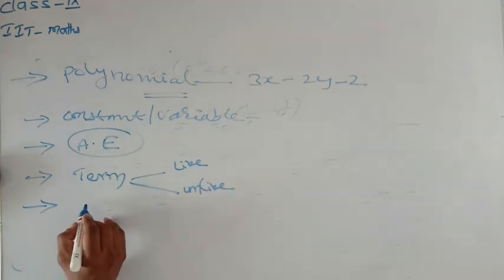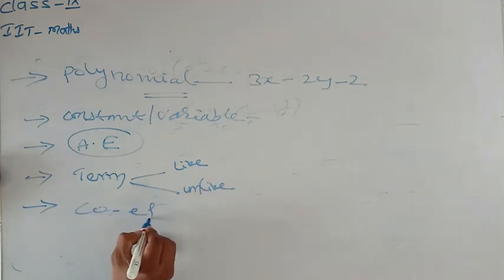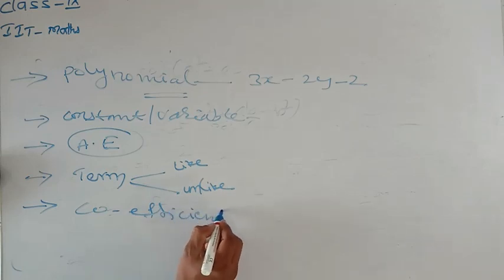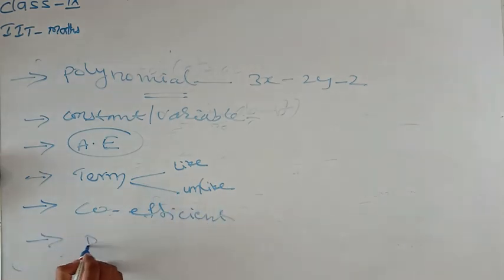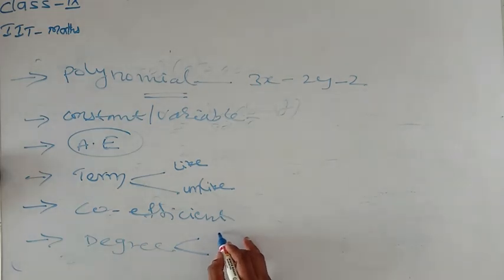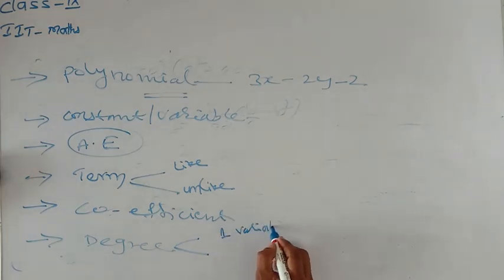Based on these like and unlike terms, we studied the coefficients of the term and the degree of the polynomial. Based on the degree, if it contains a single variable, it is a one variable or single variable polynomial, and we also studied two variable polynomials.